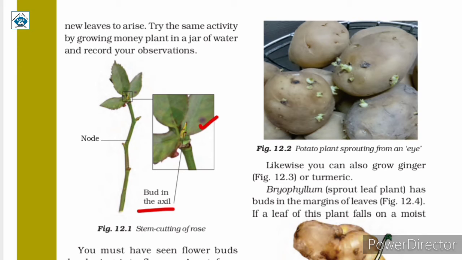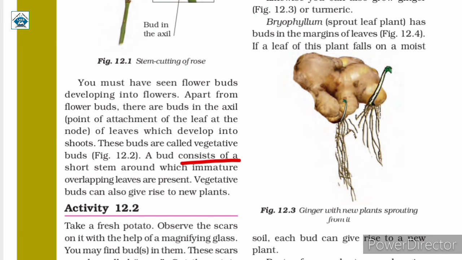A young plant is often termed a shoot. So, sometimes buds are present in the leaves that are capable of developing into new plants. These are called vegetative buds. A bud consists of a short stem which is surrounded by immature overlapping leaves.